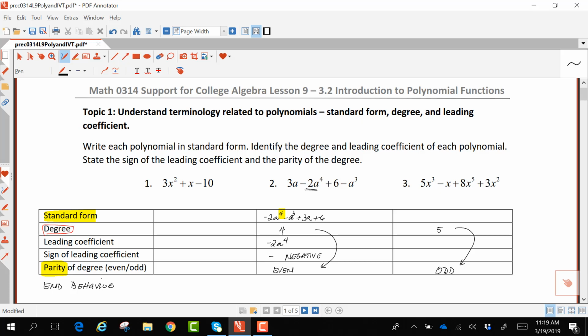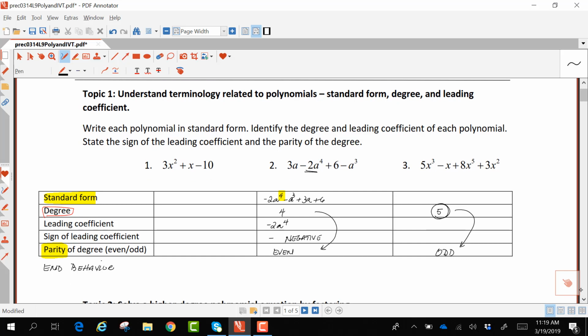If we look at example 3, the degree is 5. 5 is an odd number, therefore the parity is odd. The parity will lead us into end behavior. End behavior for an even degree polynomial could either be down, down, or up, up.